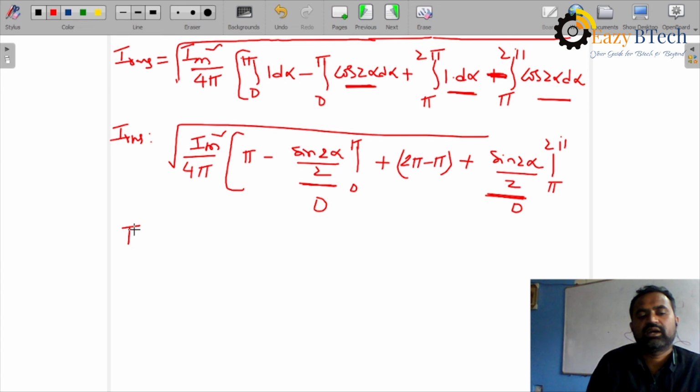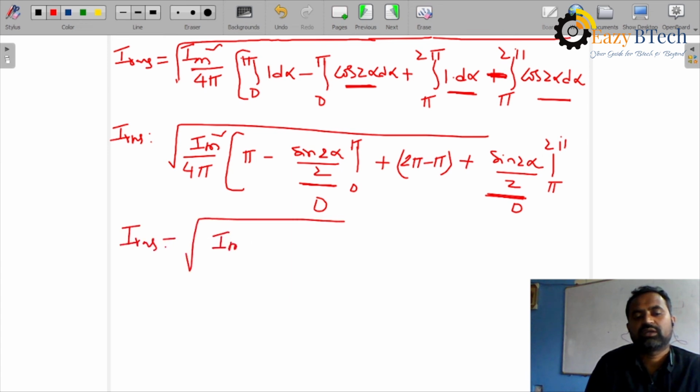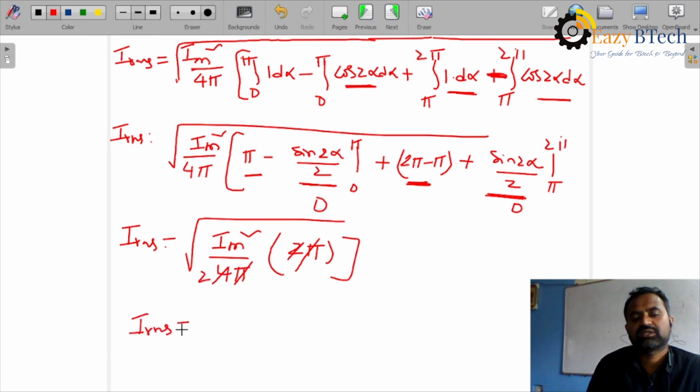Now we will write IRMS is equal to under root Im square by 4 pi, here we have pi and here you have 2 pi minus pi, you are having pi, here you will get pi cancelled, 2 and 2 will get cancelled, we are having IRMS is equal to Im square by 2 within the root.